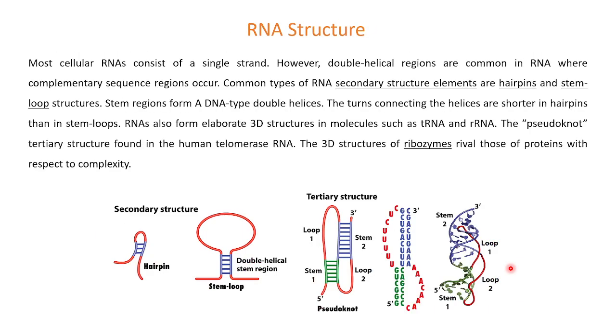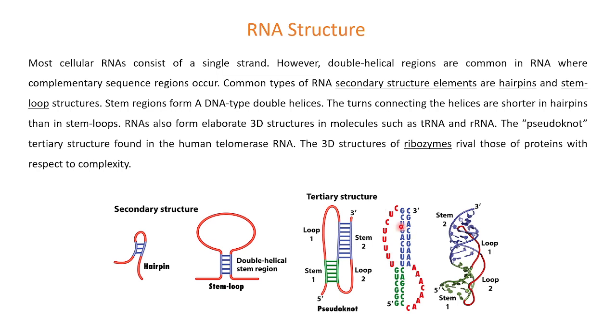Okay, right. Now coming to RNA structure. We see that most cellular RNAs consist of a single strand. However, double helical regions are common in RNA where complementary sequences occur. That is, it folds back forming hairpins or stem loops.